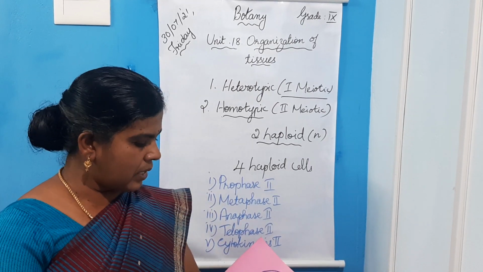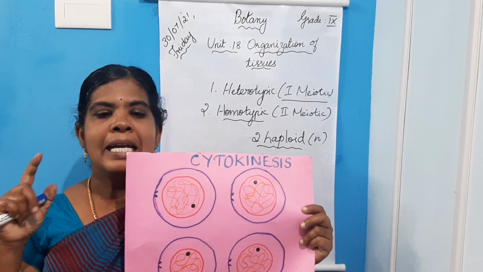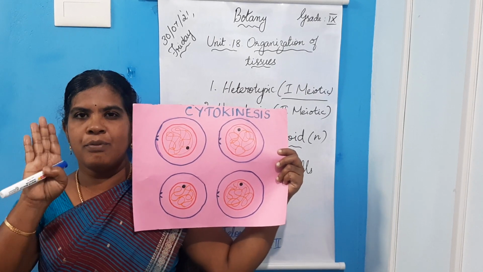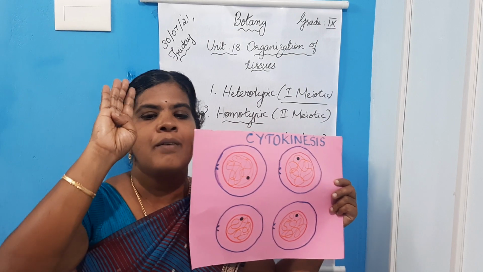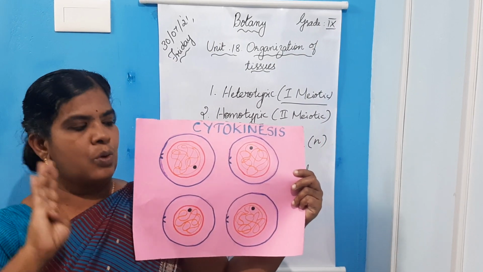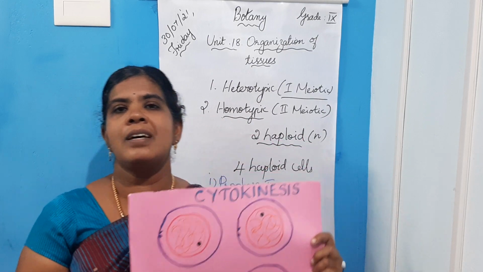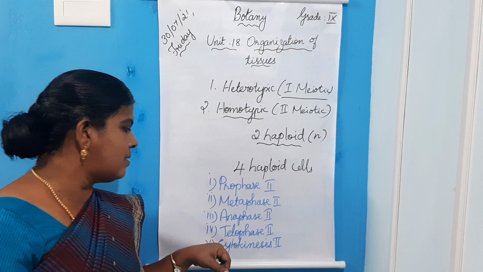See here, 2 cells are formed from each haploid daughter cell, resulting in the formation of 4 cells with haploid number of chromosomes. Now 1, 2, 3, 4 daughter cells are formed. What is cytokinesis?